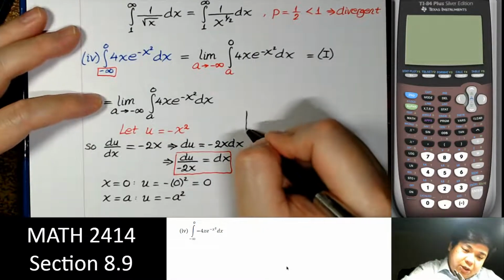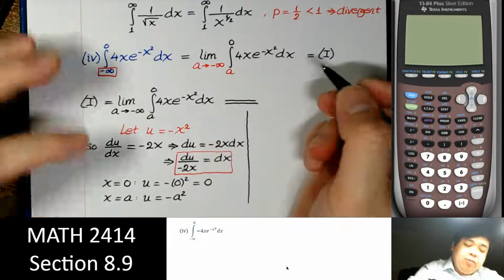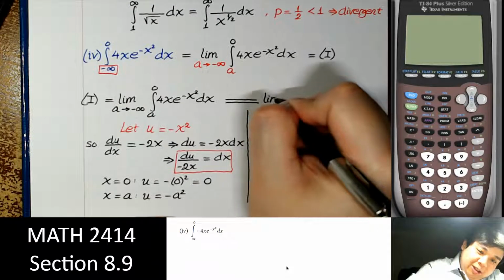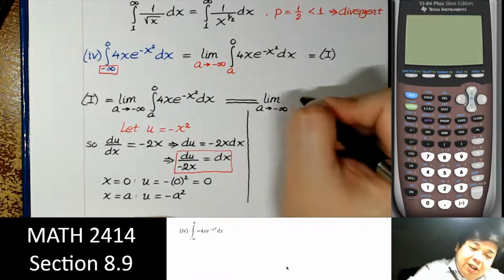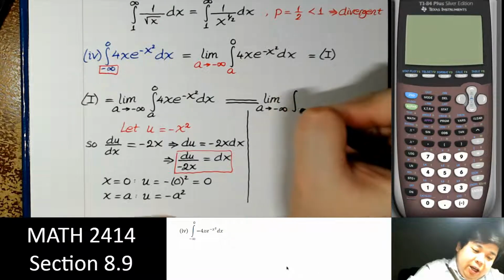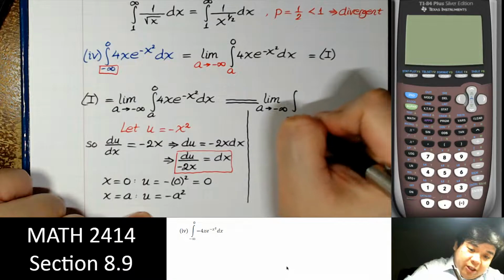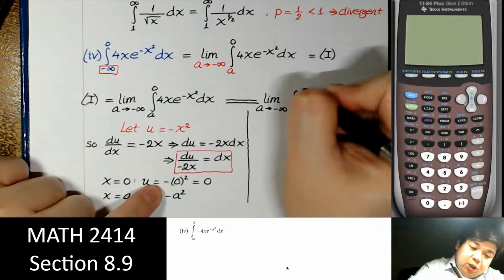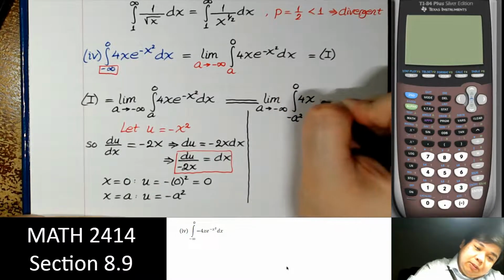Now we can substitute into this integral. Instead of going from a to 0 for x, we go from negative a squared to 0 for u.